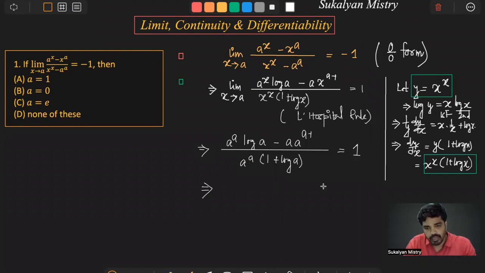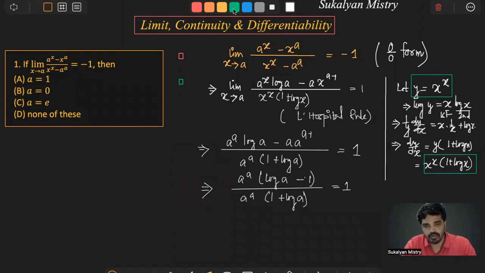Now taking a to the power a common, a into a to the power a minus 1 means a to the power a. So what we get is log a minus 1, divided by a to the power a into 1 plus log a, so that equals 1. So a to the power a cancels out.